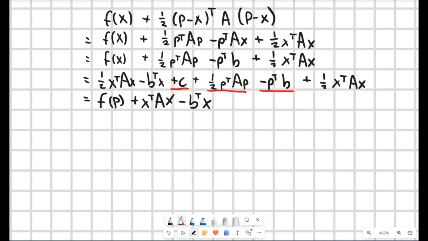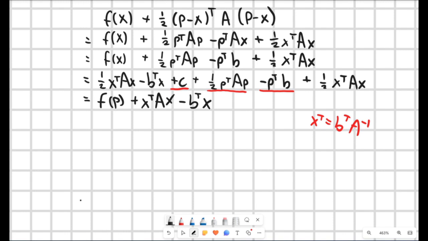Remember that, so I'm going to write this somewhere else, from our definition, x is equal to the inverse of A times b. So that means that x transposed is equal to b transposed multiplied by the inverse of A, remembering that A is symmetric, so its inverse is symmetric as well.